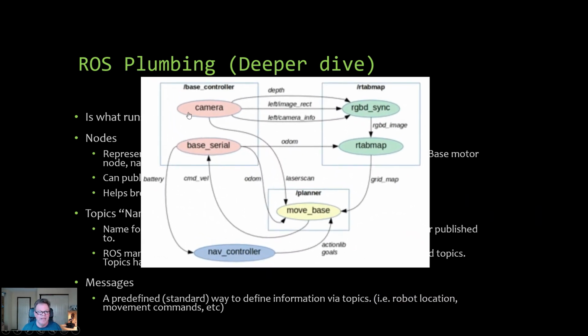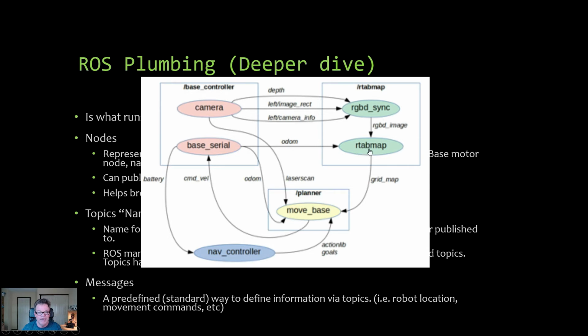So if we look here, here's an example of a ROS graph. This base serial is a node that manages the movement of the base for the robot in this case. It's doing things like publishing to an odometry topic. Odometry is information about where the robot is at the moment, and it's publishing to this odometry topic, and two things are subscribing to it.